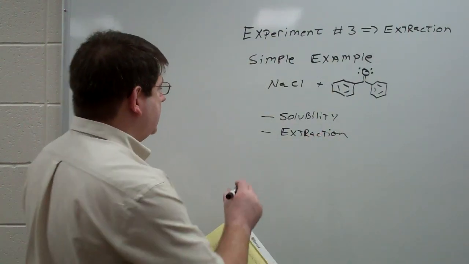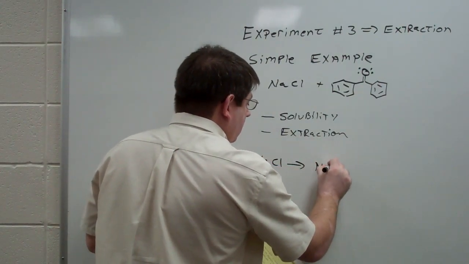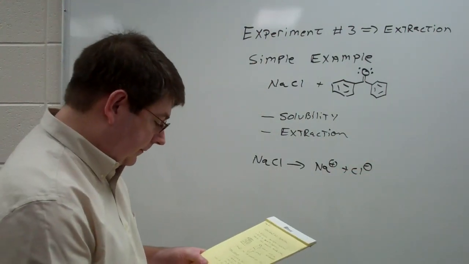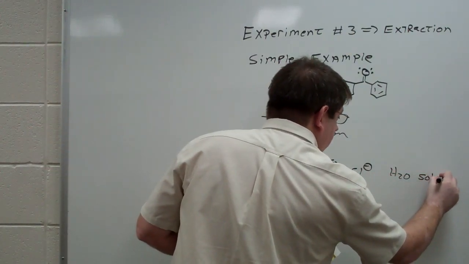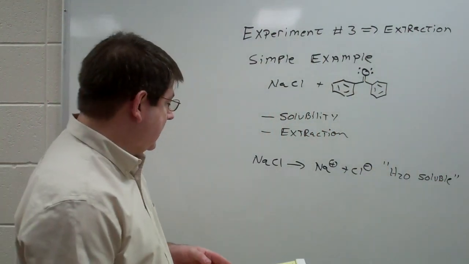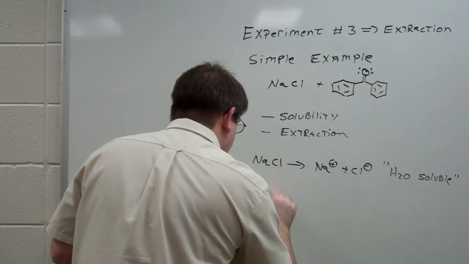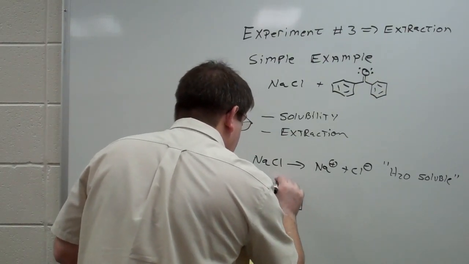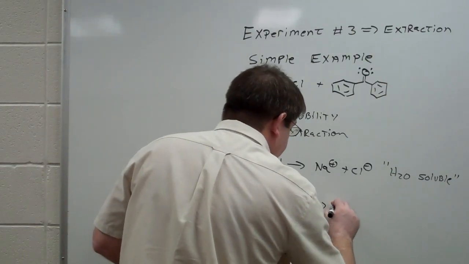Okay, so let's look at the properties. Sodium chloride, of course, is an ionic compound that when placed in water will completely dissociate into its ions. So it's completely water soluble. Again, those solubility rules that you learned about in general chemistry are going to come back here to help us. Benzophenone, however, draw benzophenone for us, is an organic molecule which is not water soluble.